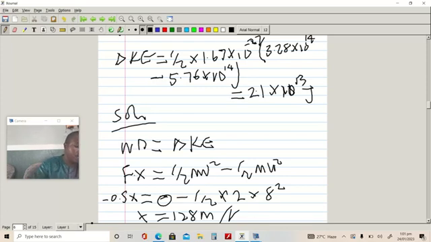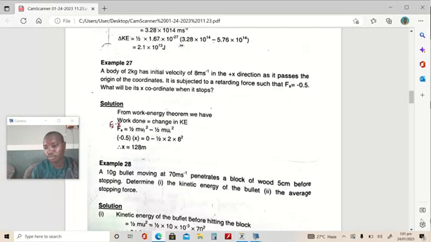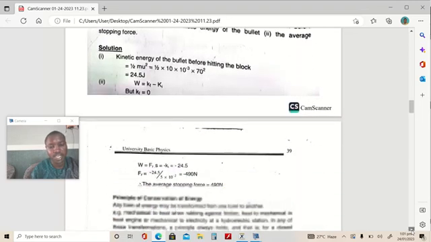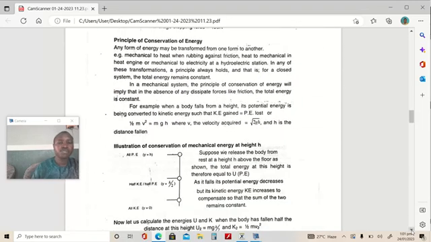From here, I want us to see the principle of conservation of energy. They said any form of energy may be transformed from one form to another. For instance, mechanical to heat when rubbing against friction, heat to mechanical in a heat engine, or mechanical to electrical energy at a hydroelectric station.